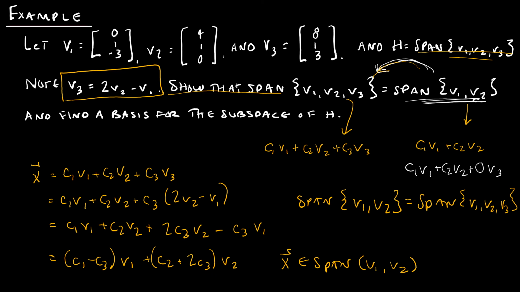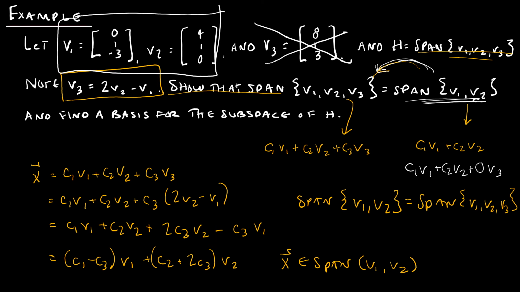And if I take v3 out of the equation, what I have left are linearly independent vectors, and therefore v1, v2 is the basis of H. So the basis is v1, v2, linearly independent and spans H.